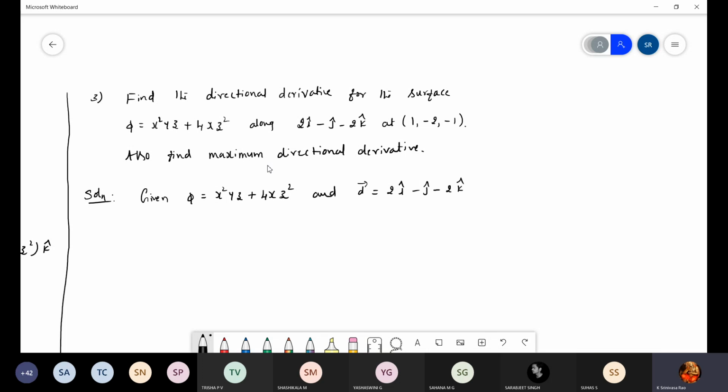Do it. So consider grad phi. That is dou phi by dou x i cap plus dou phi by dou y j cap plus dou phi by dou z k cap. So directly also you can differentiate. This is phi, or you can substitute what is phi, which is one more step.